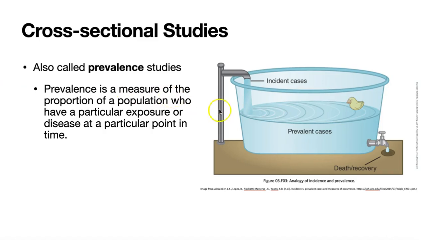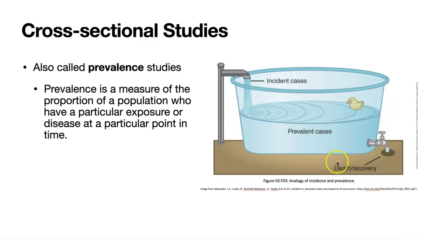So if we look at our bathtub at a certain point in time, the water that is in the tub represents the prevalent cases. So we look at our section of time and we see who has the disease at that point in time. And those would be our prevalent cases.